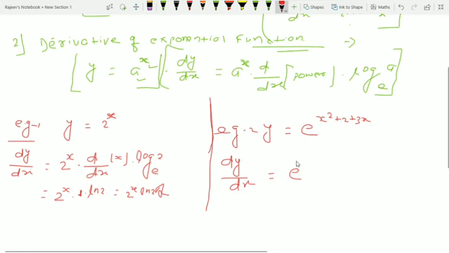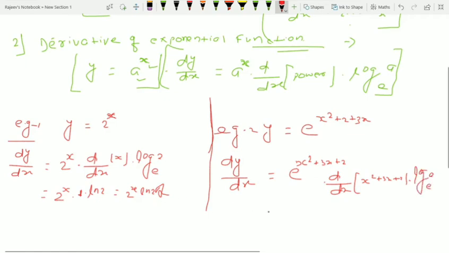So put it as it is: e raised to power x square plus 3x plus 2, into the differentiation of the power. It means x square plus 3x plus 2 into log of base, so this will be log e of e.